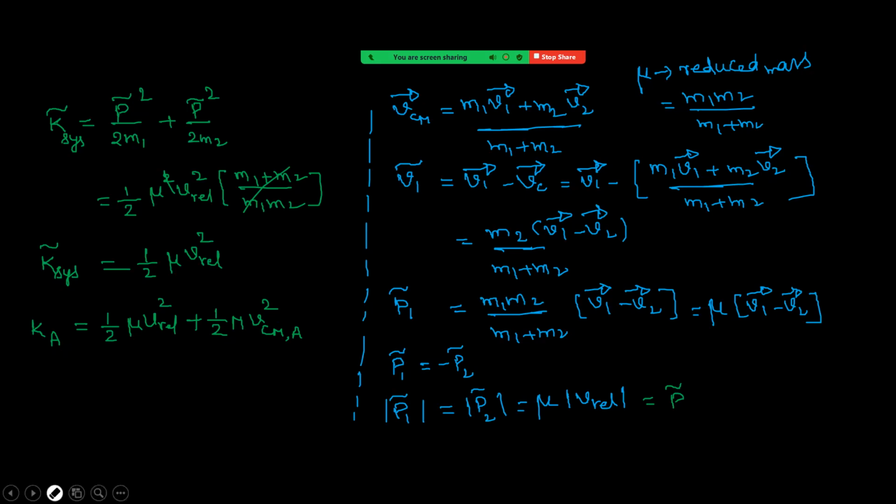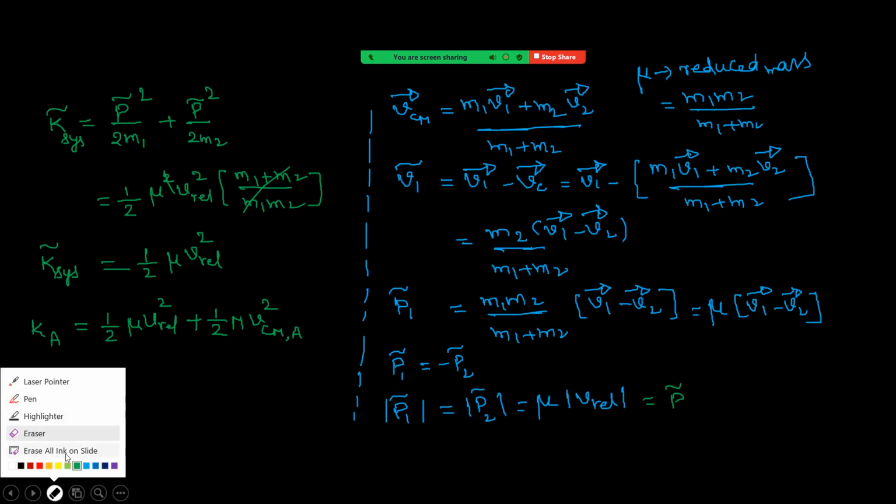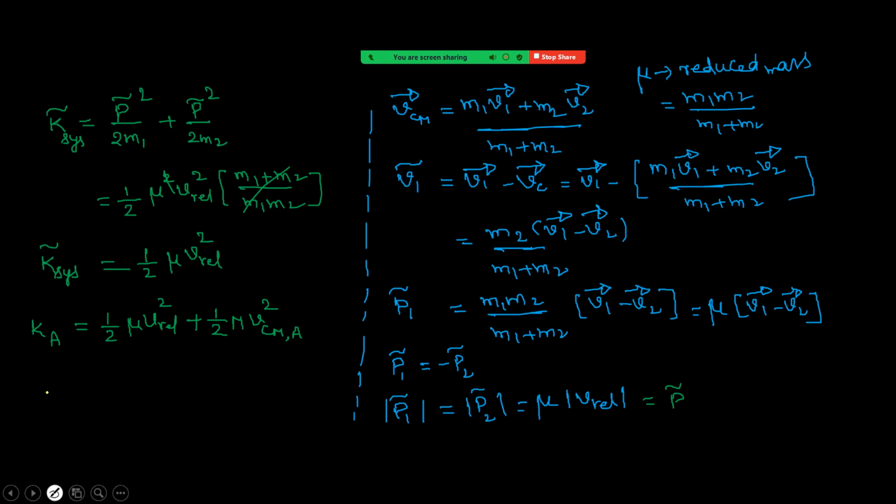When we are taking total energy, total energy equal to total energy in the center of mass frame plus total energy in that frame.